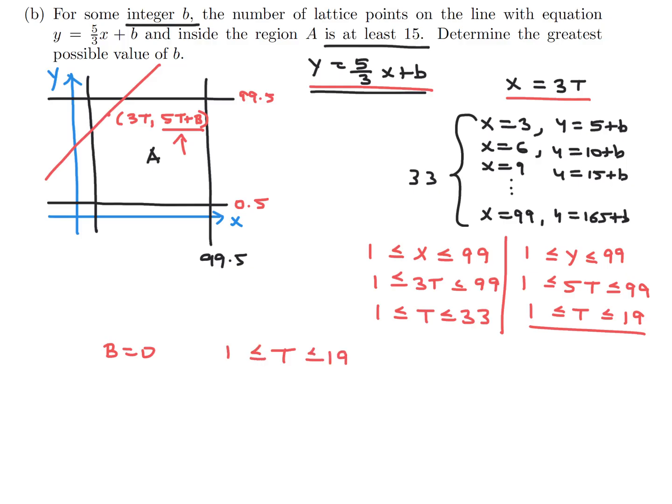That would basically mean you'd have 19 values of t, and for each value of t you'd get 1 lattice point. Okay, that's pretty good progress because we want at least 15, so we got to keep going here.